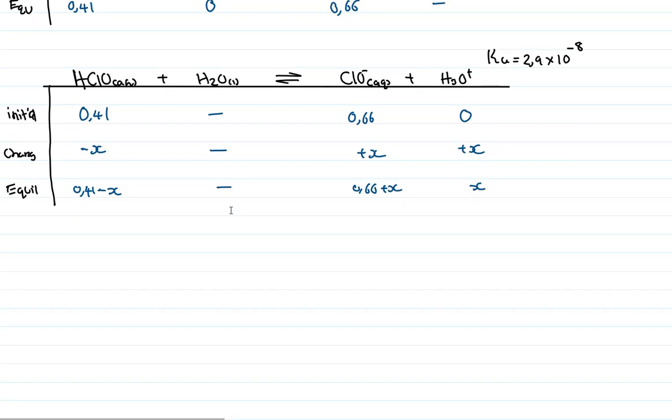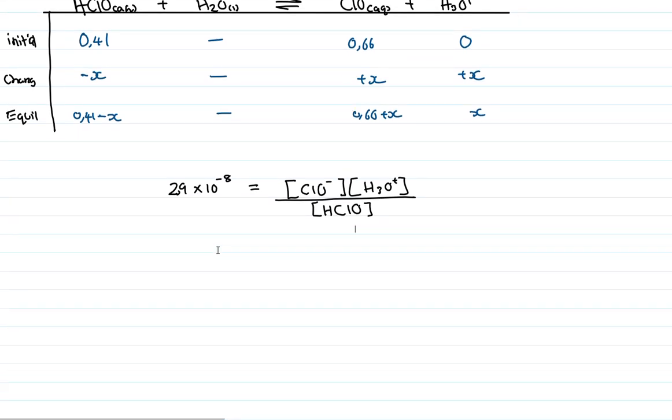So now we're going to write the Ka expression and solve for x. Remember, x is the concentration of the hydronium ion, which is what we need to find the pH of the buffer solution. So 2.9 multiplied by 10 to the power of negative 8 is equal to the concentration of the conjugate base multiplied by the concentration of hydronium ion divided by the concentration of the weak acid.